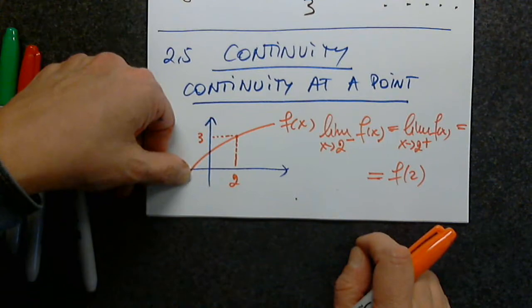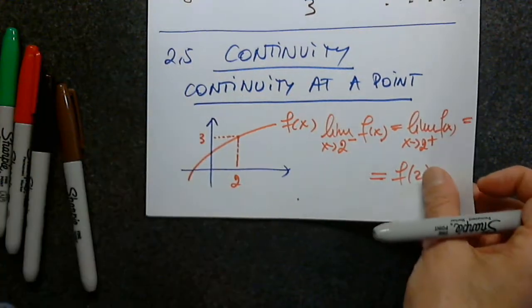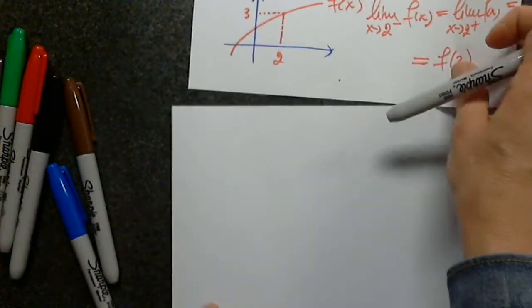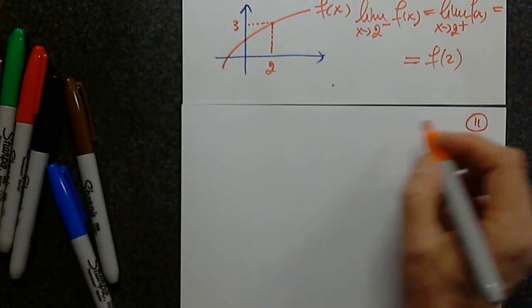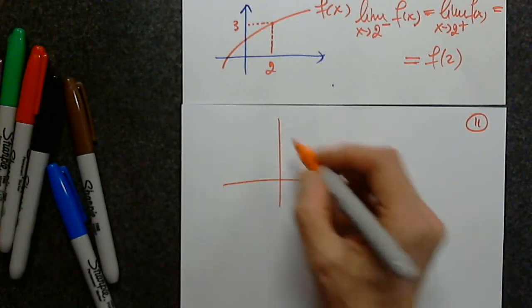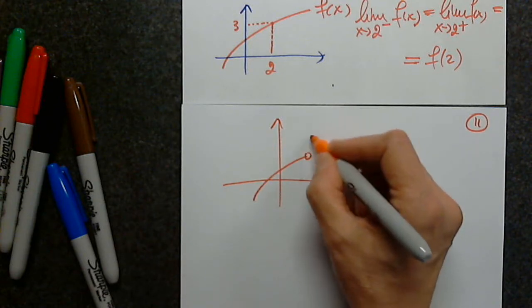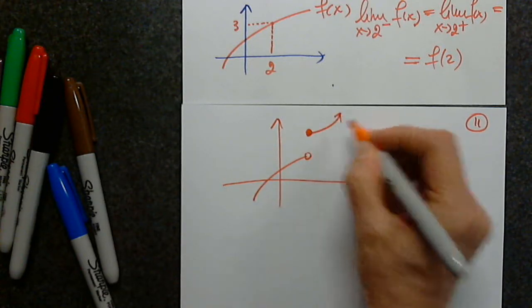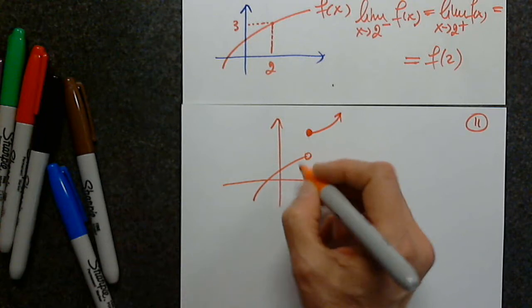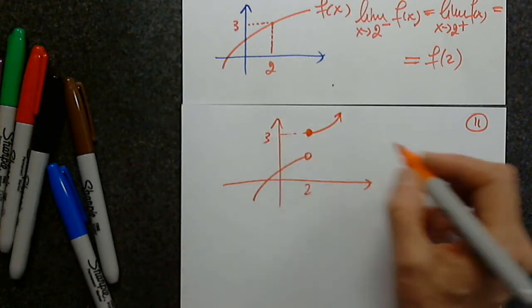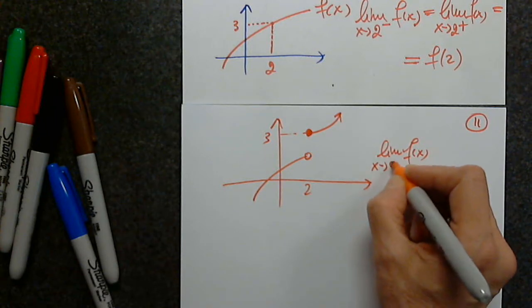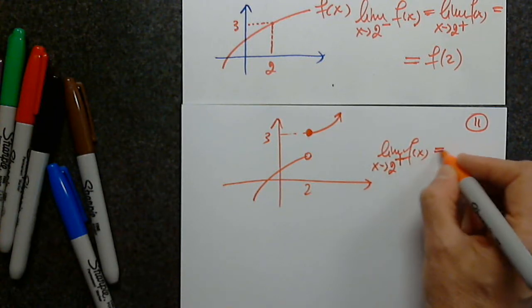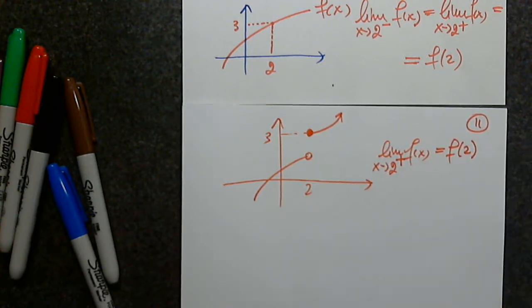Okay? Can a function be continuous from the right and not continuous from the left? Before you say anything, let me show you a graph. So this is my 2, and this is, let's say, my 3. The limit of f of x as x approaches 2 from the right equals f of 2.